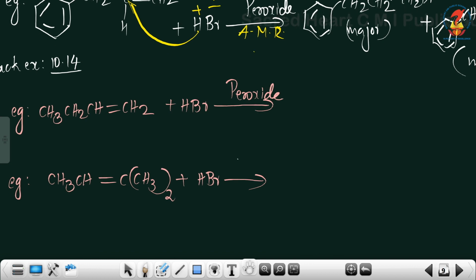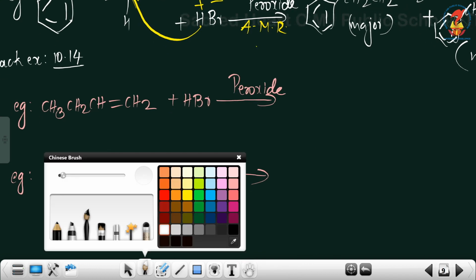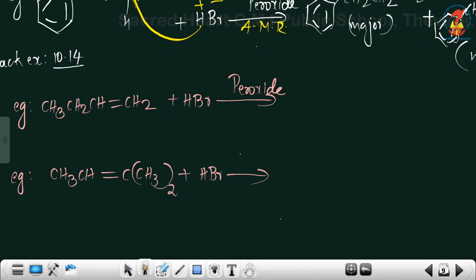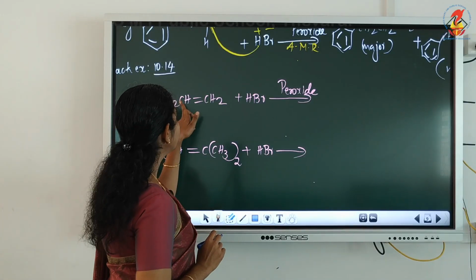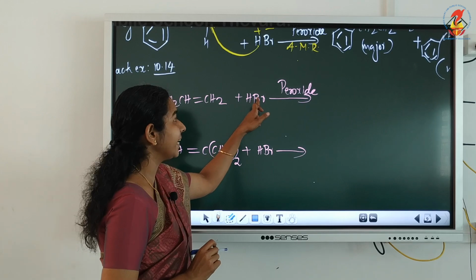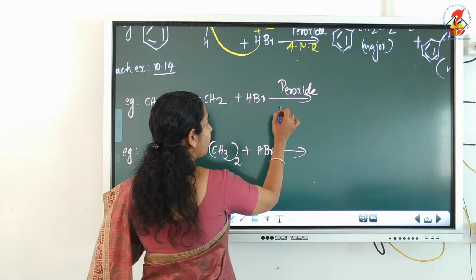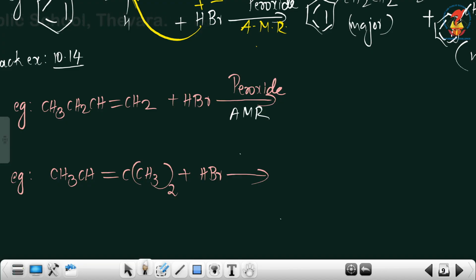Now there are a few back questions also based on this. CH3 CH2 CH double bond CH2 plus HBr in presence of peroxide. So it is anti-Markovnikov's rule. HBr on ionization gives H plus and Br minus.